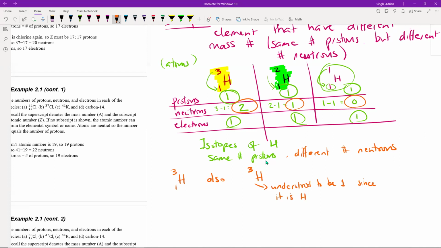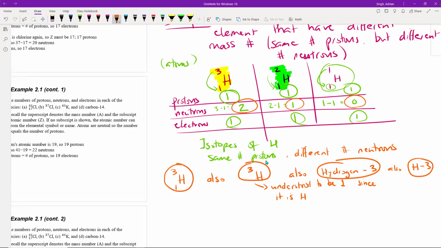If you look up hydrogen on the table, atomic number is 1. We can also write the isotope as hydrogen-3, where we have the name and then the mass number, or just H-3, the elemental symbol and then the mass number that comes after it. All of these are just different ways to represent the same isotope.